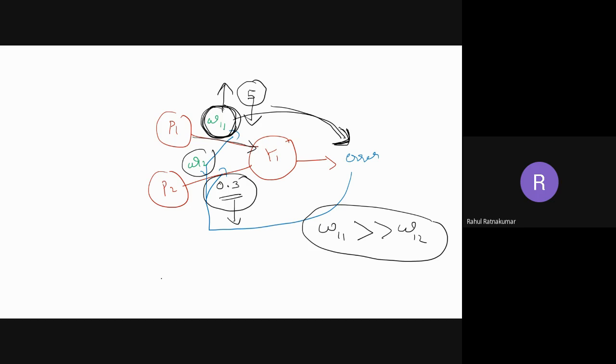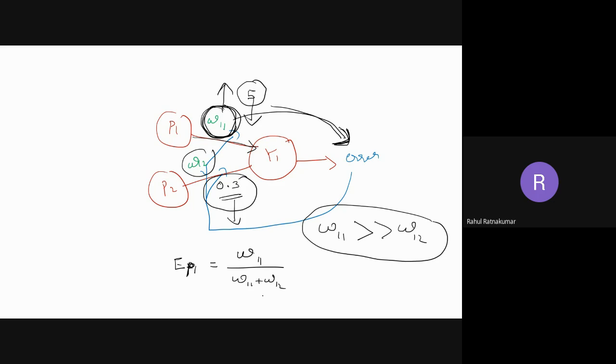For example, the error because of P1, the error of the P1 input, that can also be the error which changes the weights of P1, EP1. The ratio is W11 divided by W11 plus W12. This is one ratio based on which I can change my W11.